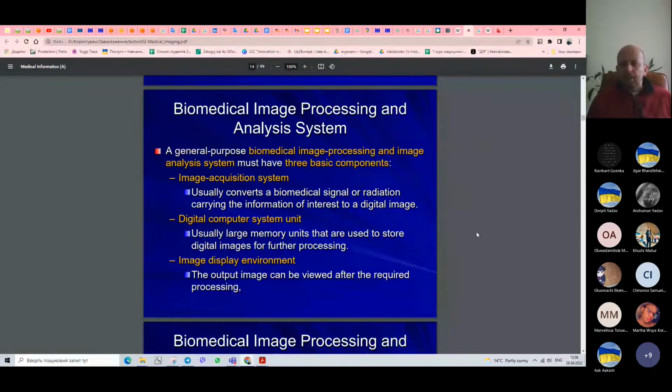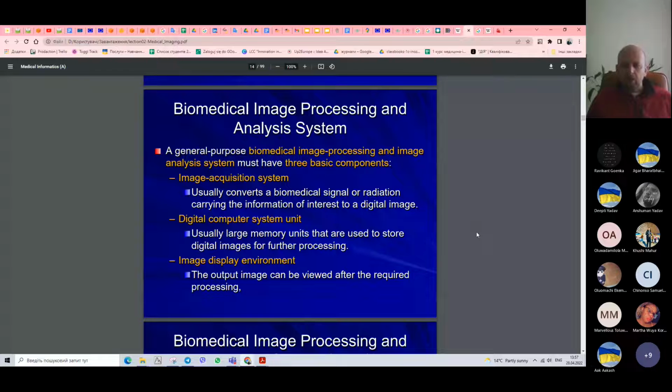Biomedical image processing and analysis system. A general purpose biomedical image processing and image analysis system must have three basic components. First, the image acquisition system usually converts biomedical signals or radiation carrying the information of interest to a digital image.